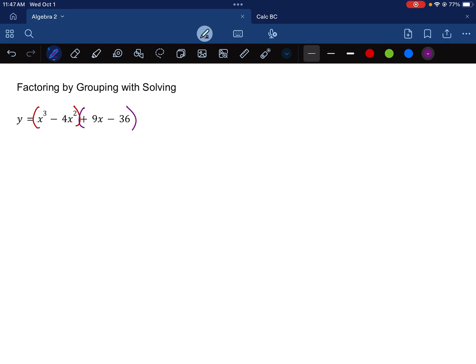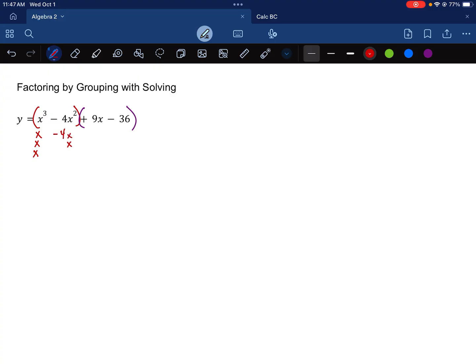Now you got to do the factor part. So the first thing we're thinking about is in this first parenthesis in red, what's the greatest common factor between x to the third and 4x squared? The greatest common factor is x squared, because if you think about it, this is x times x times x, that makes an x cubed, and then we have negative 4x times x in the second one.